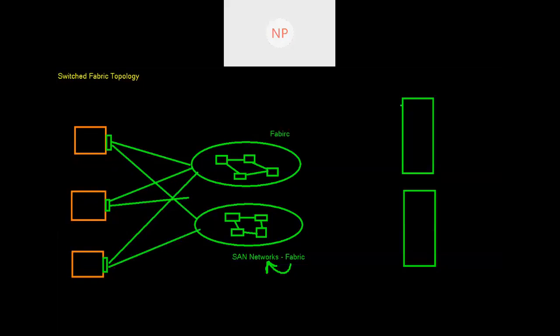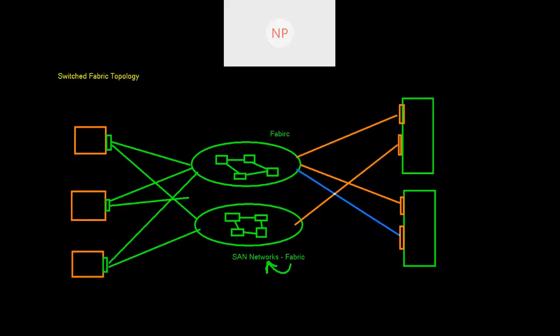The same way, my storage will also be connected to SAN networks. Yeah, this is how each and every device will be connected in a switched fabric. Every device will be connected to redundant SAN networks.